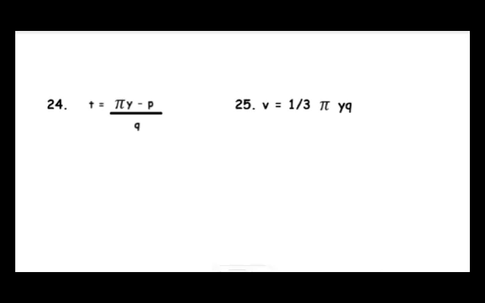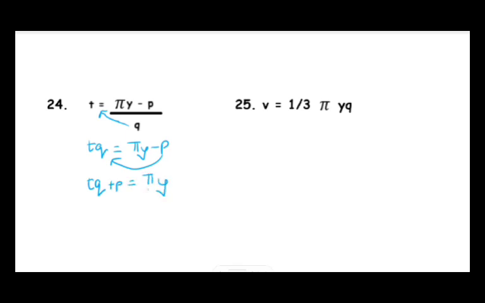T is equal to pi y minus p upon q. Because of the pi sign, you may get worried. Do not do that. TQ is equal to pi y minus p. Q moves on here. Now P will shift to the LHS, so with a positive sign.